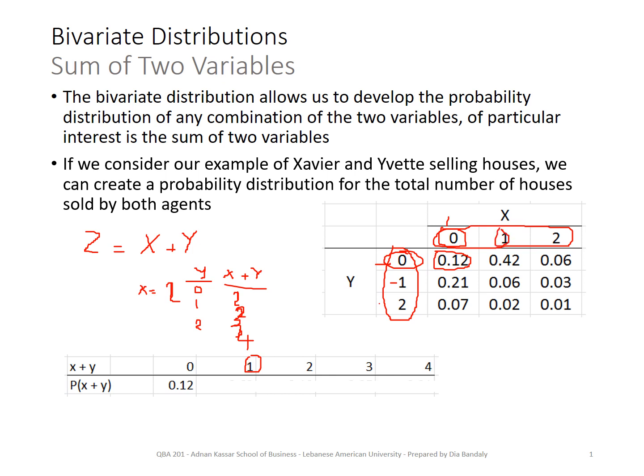And what are the probabilities of these two combinations? We have 0.42 and we have 0.21. So we are saying that the probability that X plus Y is 1 is equal to P of 1, 0 plus P of 0, 1. So we sum up their probabilities and we get 0.63.